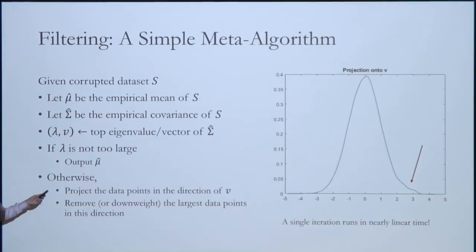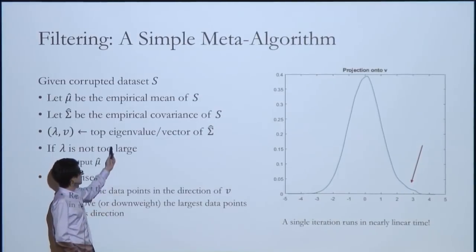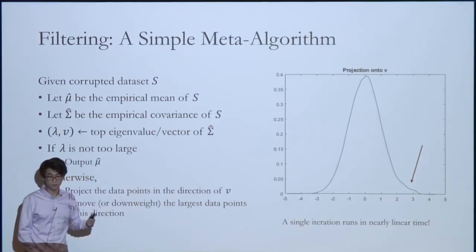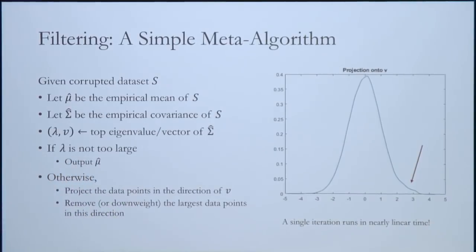But in all the settings that I'm aware of, you only need a very rough approximation to the top eigenvalue and eigenvector. So you can do the power method, and this runs in a couple of iterations over the data set. So a single iteration of this runs very fast. And oftentimes in practice, we found that you only need 3 or 4 iterations of this. So this is a very small overhead for this sort of robustness for free.